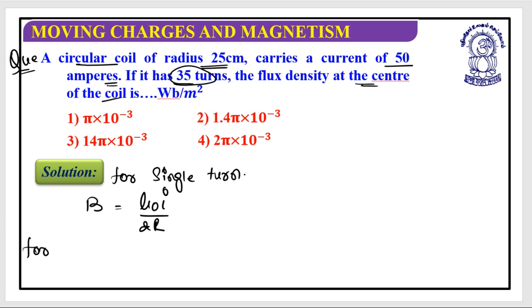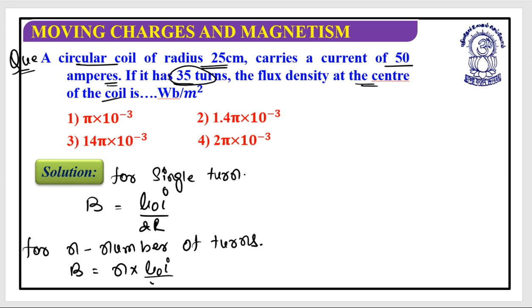For n number of turns, the magnetic field at the center should be written as n multiplied by mu naught I by 2R, because all magnetic fields will add up, and the net magnetic field will be n times the magnetic field of a single turn. So now I just need to put in the values and get it done.